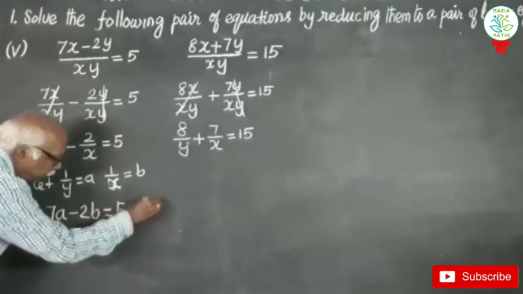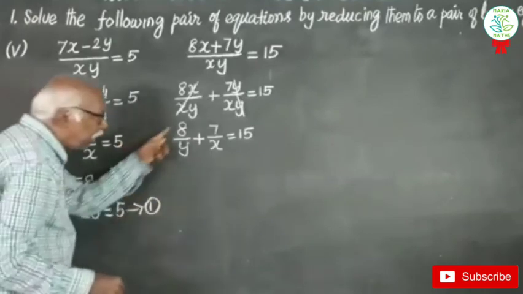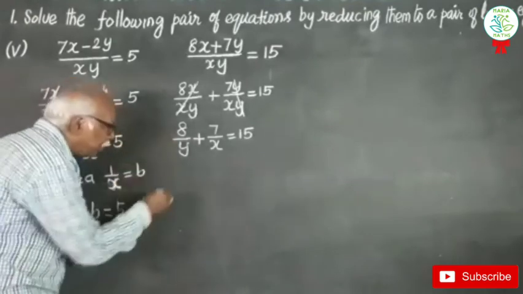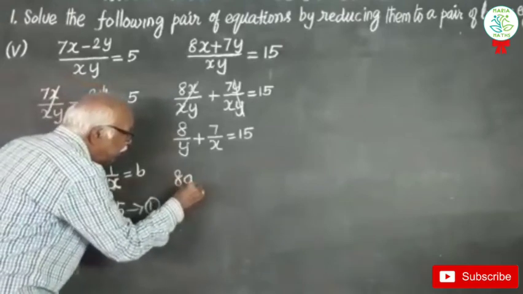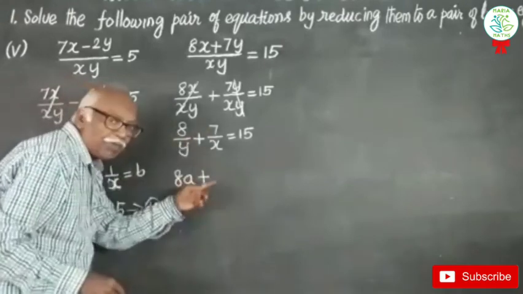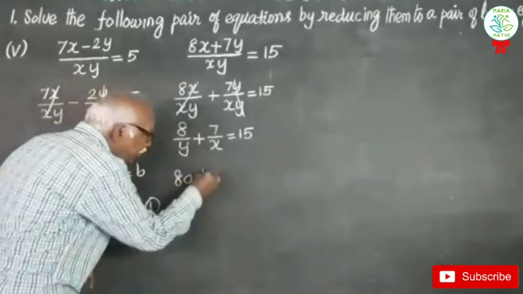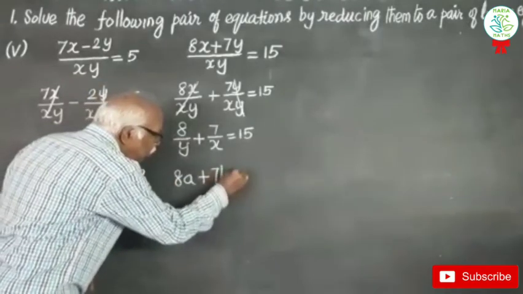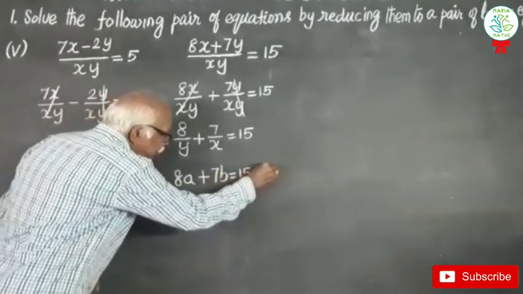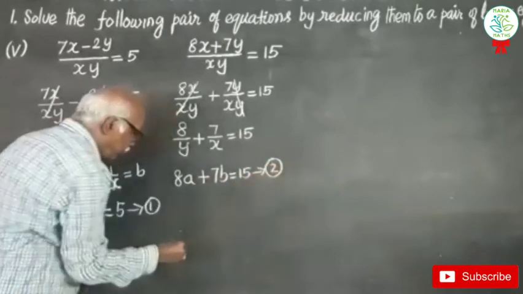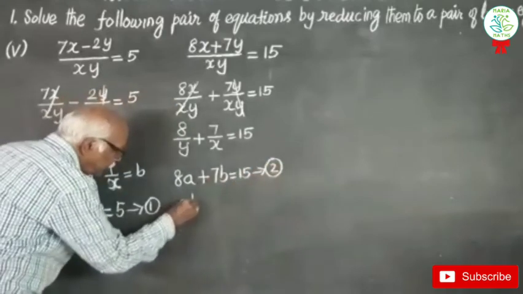Equation number 1. This is 8 by y means 8 into 1 by y, 8a, plus 7 by x means 7 into 1 by x, 7b equal to 50. Equation 2.